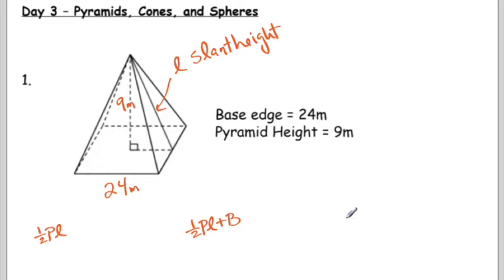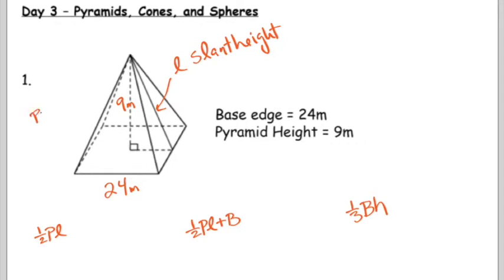The volume of all pyramids is 1/3 of the area of the base times the height of the pyramid. So we'll be using that formula here. To do these, we need the perimeter of the base, the area of the base, and the slant height.